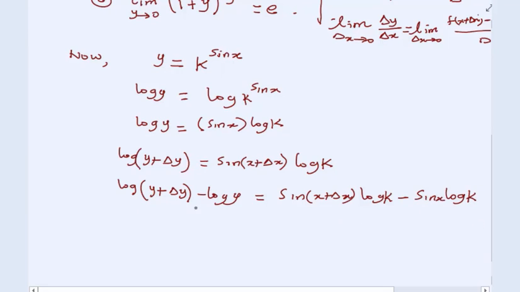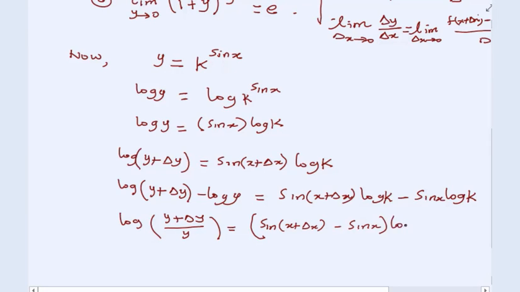The next thing is from the law of logarithm. Whenever you have log a minus log b, you have log of a over b. So this one will become log of (y plus delta y) all over y, equal to, log k is common, so I will have in the big bracket sine of (x plus delta x) minus sine x, times log k.